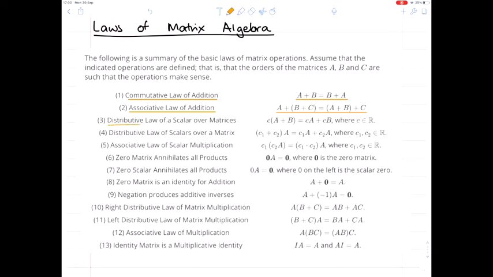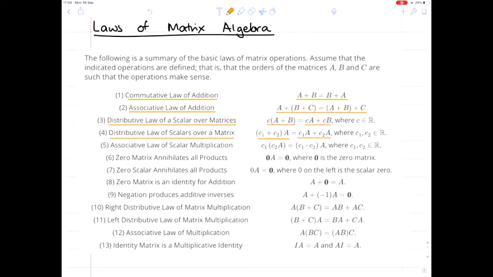If you want to distribute a scalar over matrices, so you've got some scalar times the sum of 2 matrices, you can first multiply through by the scalar and then add. That adds exactly like you'd expect. Similarly, if you've got 2 scalars that you're adding together and you want to scale a matrix, you could first scale the matrix by each scalar and then add.